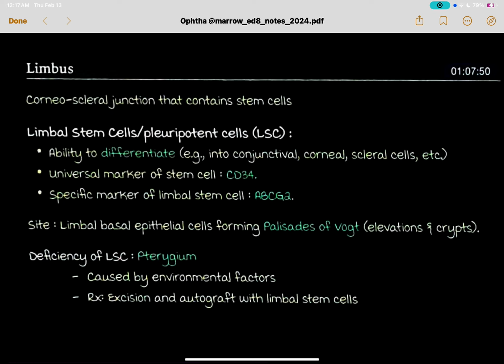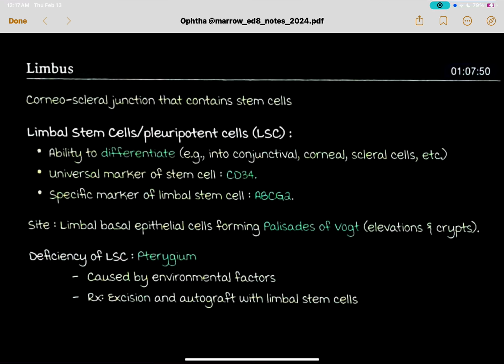So limbal stem cells are pluripotent cells. They can become conjunctival cells, corneal cells, scleral cells, etc. Universal marker for pluripotent stem cells is CD34.